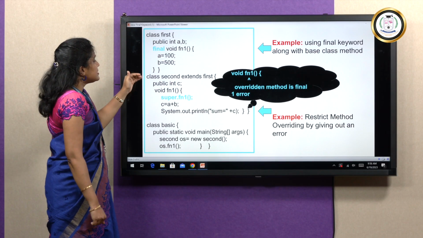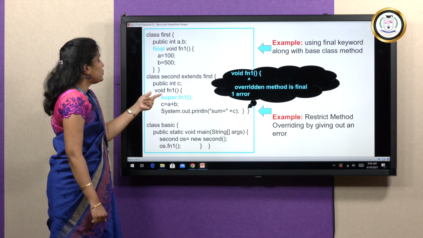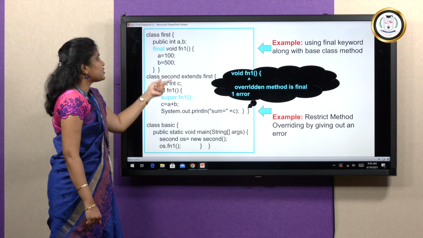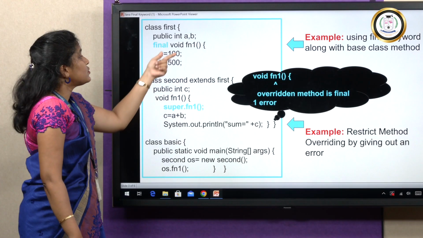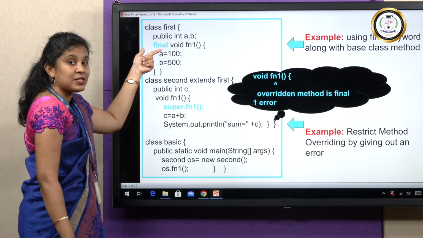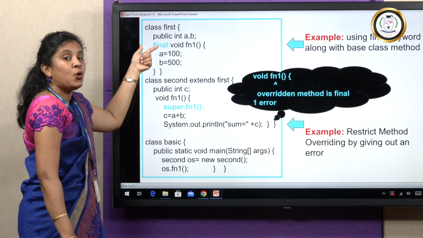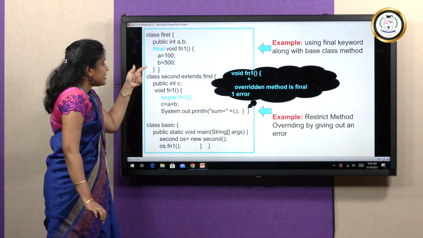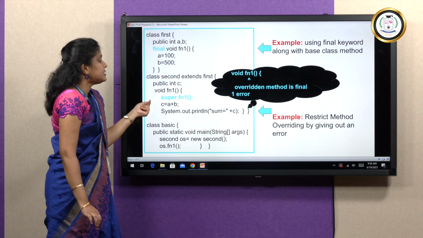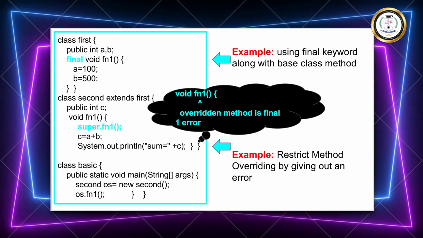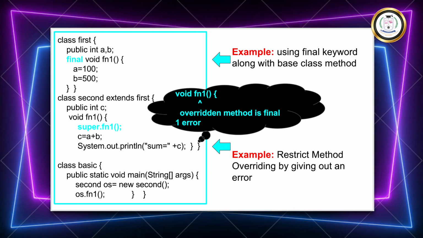In this case, I have a derived class where I try to use the void fn1 function which is already used in my base class. The base class function is mentioned as final, so as I mentioned before, it is not going to be overridden anymore. When I try to use this function once again in my derived class, I get an error message like this rather than executing the program correctly.